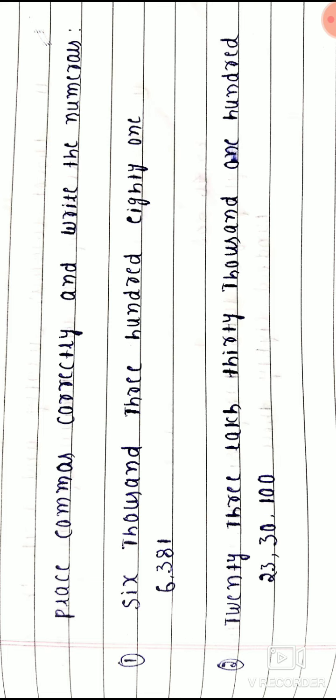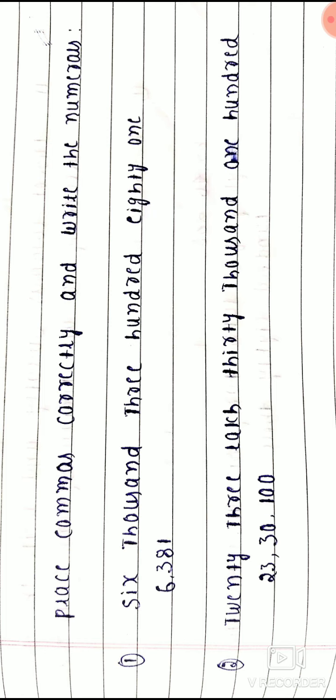First, you have to check whether the words belong to the Indian system of numeration or the international system of numeration. Here, this belongs to the Indian system of numeration. So, in the Indian system of numeration, the first 3 digits belong to one group and then every 2 digits belong to one group.